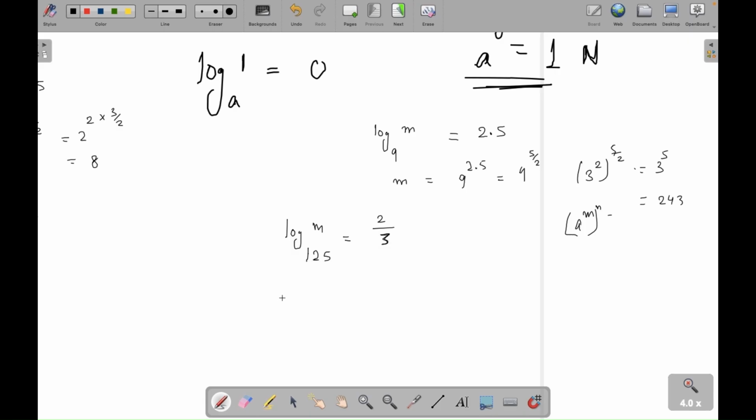What did you do? Root of 125 is 5. So you'll write 5 to the power 3 multiplied by 2 upon 3. So it will be 5 square, and then 25, right.